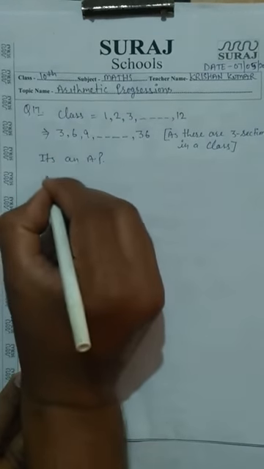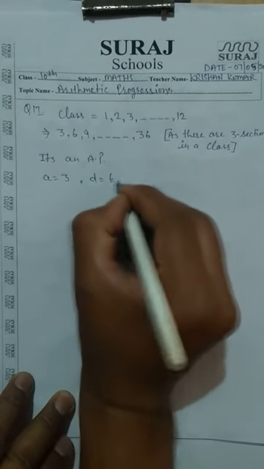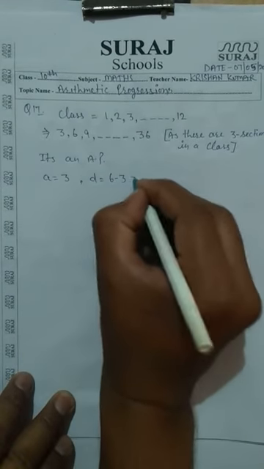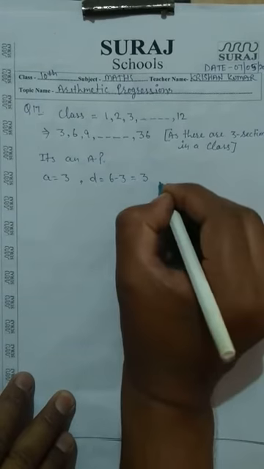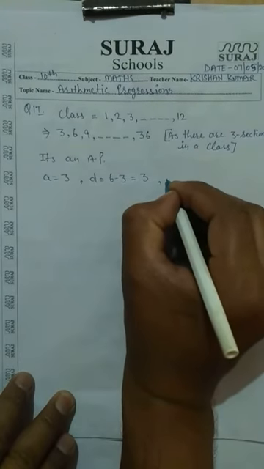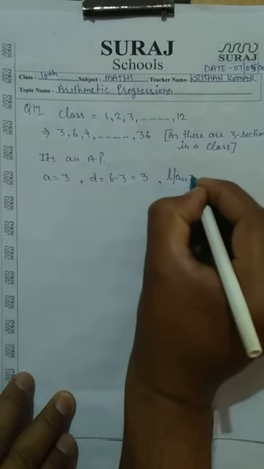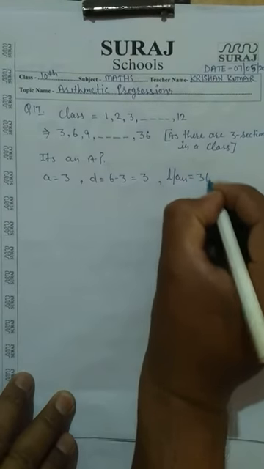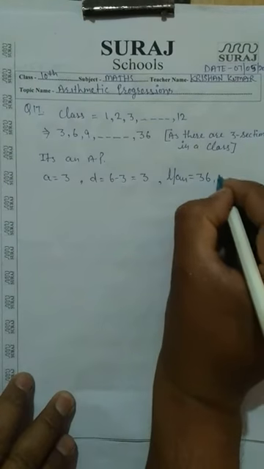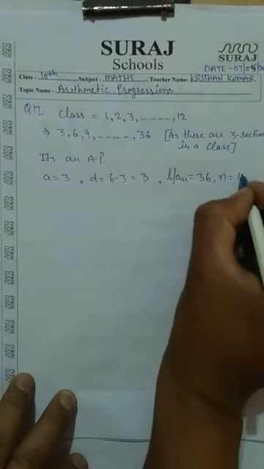So A is 3, D is 6 minus 3, that is 3, and L or An is 36. And N, how many classes? 12. So N is 12.